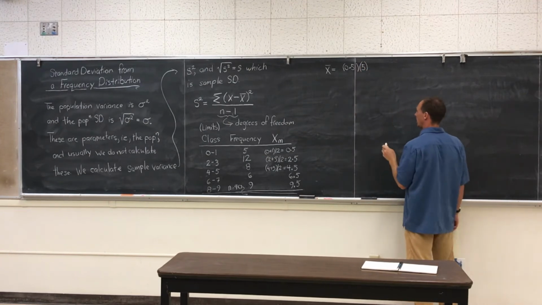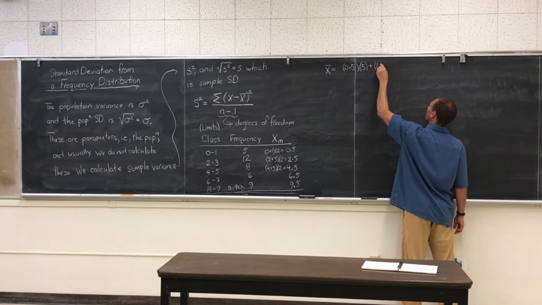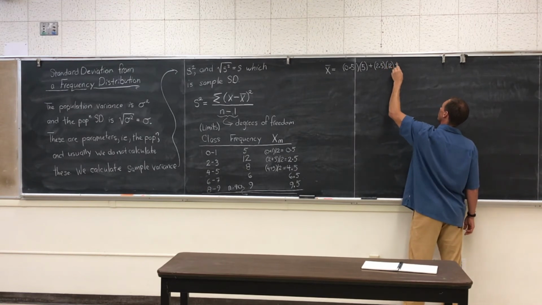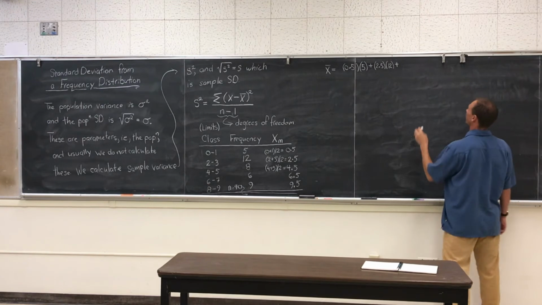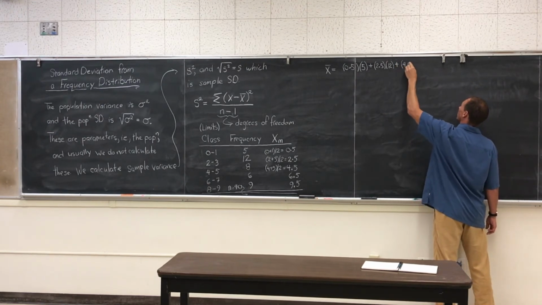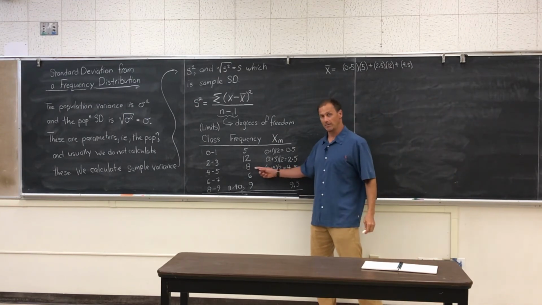Then our next class, the data values are 2.5s, and we have 12 of them. Plus, my next data set is the 4.5s, and we have 8 of them.